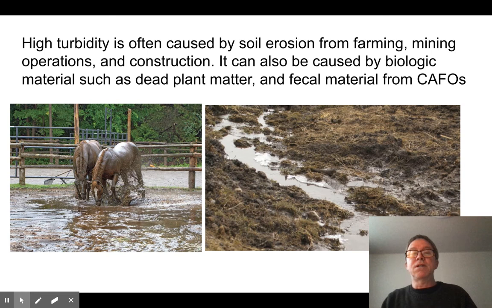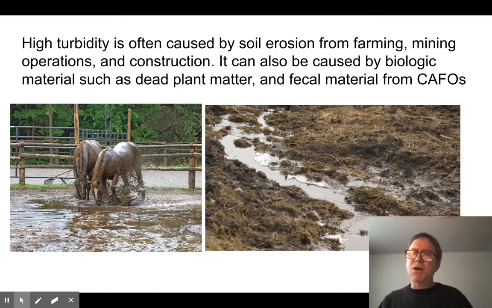Runoff tends to carry it into streams, and it causes the streams to be very turbid. So what we find is often after a rain event, a stream that's normally clear will have high turbidity for a while because these eroded materials were brought into it. And you've probably noticed that yourself. In a big rain event, you look at the river, it's brown. You look at it a week later, it's nice and clear. That's the role that sediment plays in increasing turbidity.